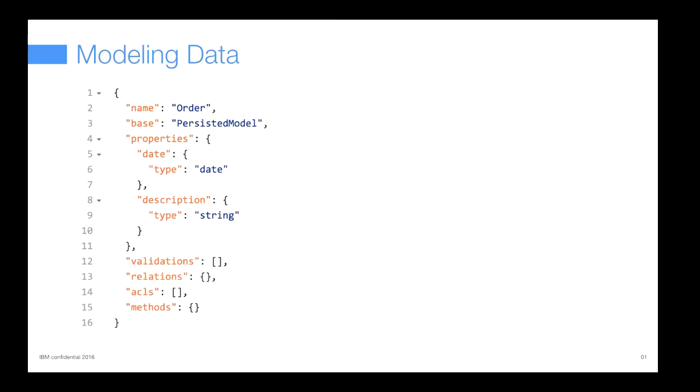If we specify these two properties and use LoopBack's migration API, we can automatically create an order table in our MySQL database or other SQL database that's attached to this model.